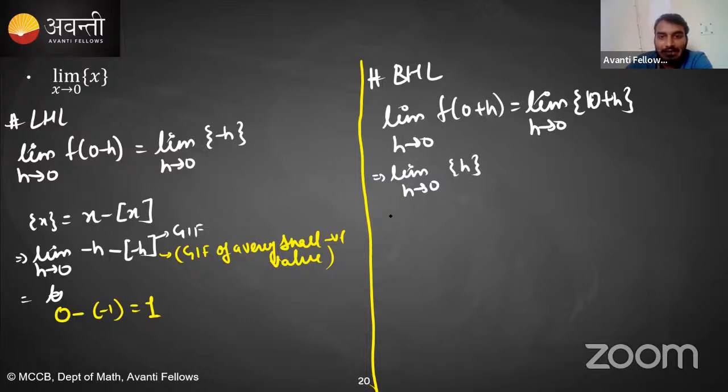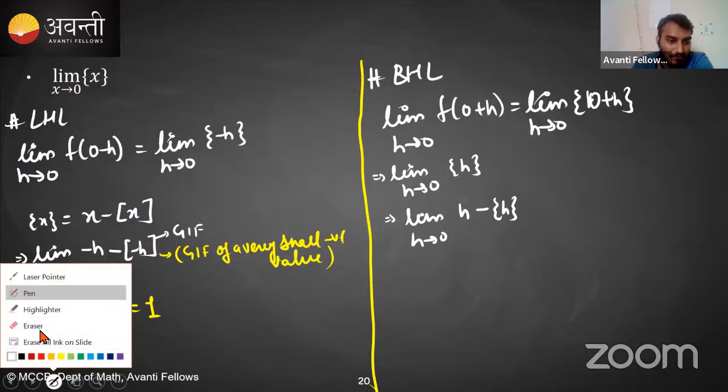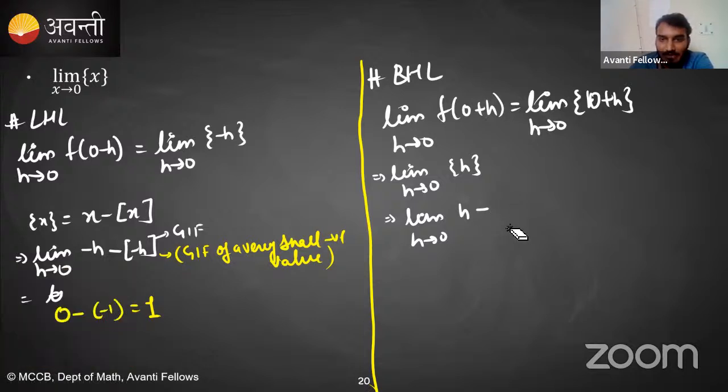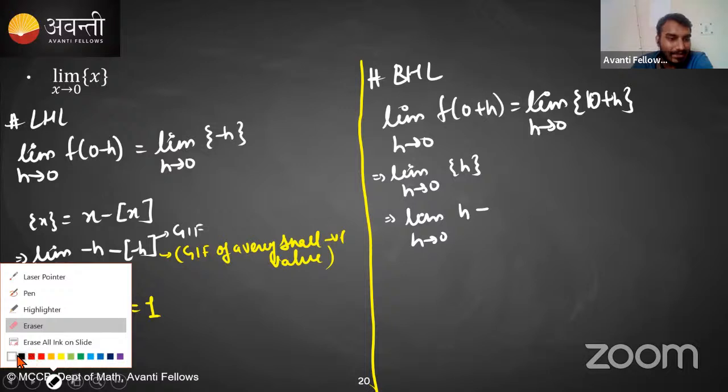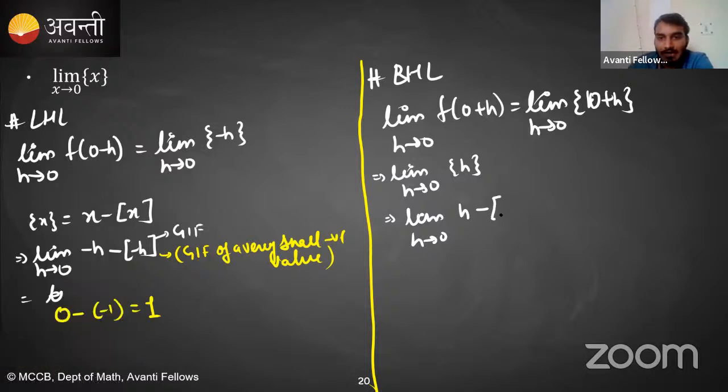So how can we write this? This can be written as limit h tends to 0, h minus box of h. Is this clear? Does everyone understand?